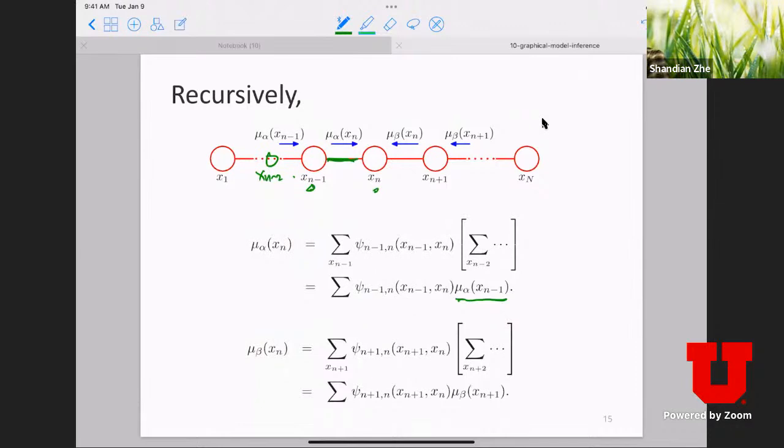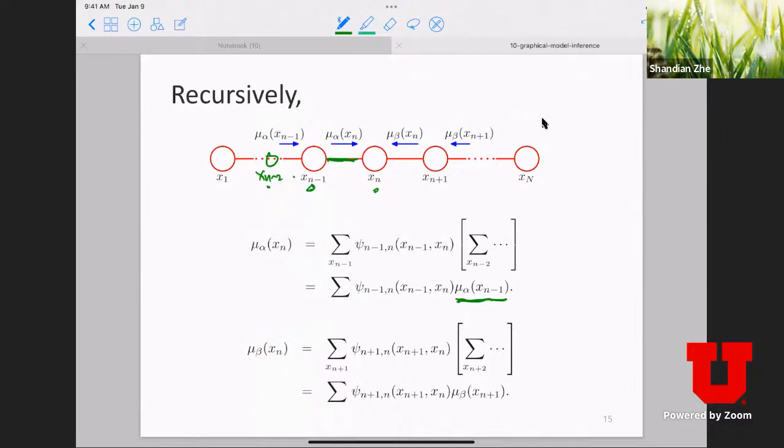Why? Because this message represents the aggregation of the potential product from x1 up to xn-2. Right?